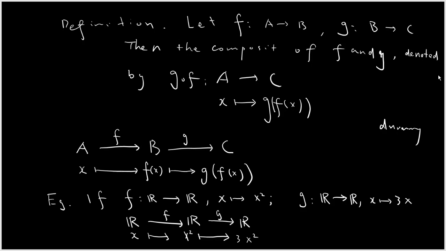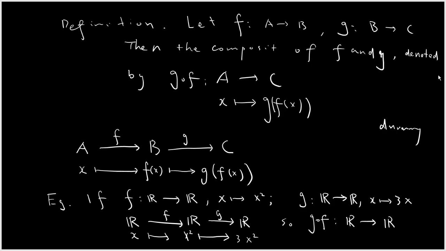So the final answer, if I'm looking for the composite, remember to use the proper notation. It's the composite of F and G. You write F and G in reverse order. So this notation is for the composite of F and G. In this particular case, the domain is the domain of F, which is R, and the codomain is the codomain of G, which is also R. I'm just using a simpler case with numbers to show you what's going on.